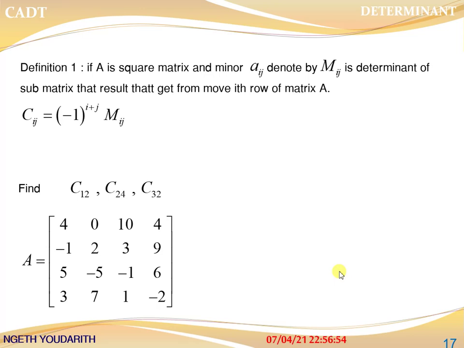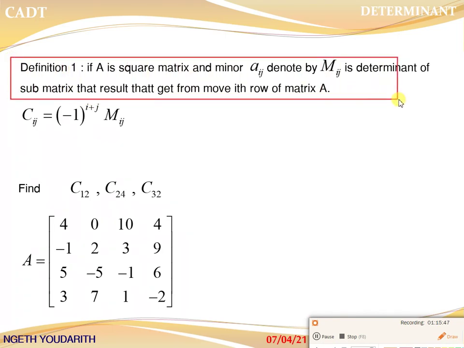Definition 1: if A is a square matrix, the minor of A_ij, denoted by M_ij, is the determinant of the submatrix that results from deleting the i-th row and j-th column of matrix A. So in this case, I want to explain this point.